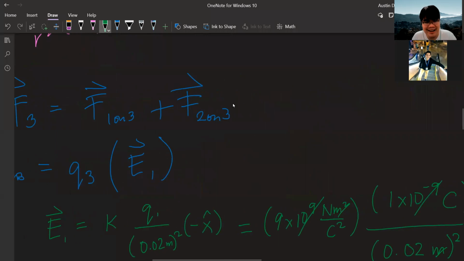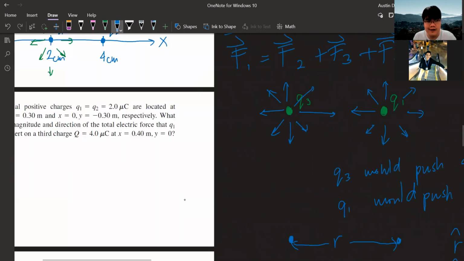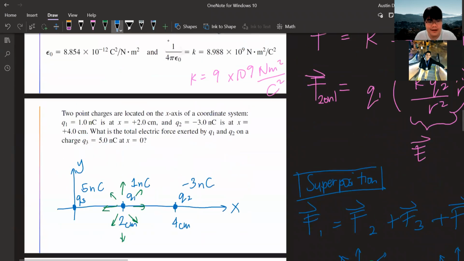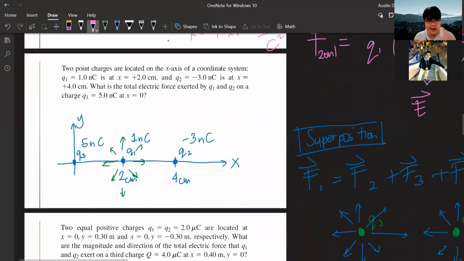Part 2, F2 on 3. F2 on 3 would be a similar way. So, Q3 still. Then, I just need to find E2. So, what is the electric field given off by Q2? Q2 is negatively charged, so it would attract. It would be radial still, but the other way around.